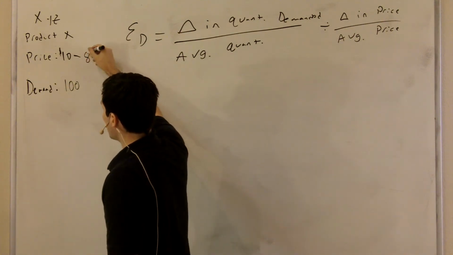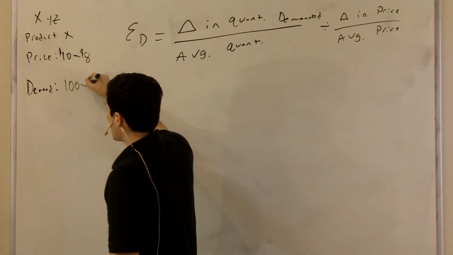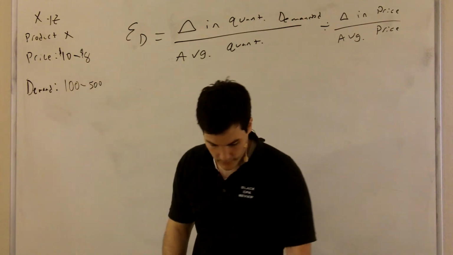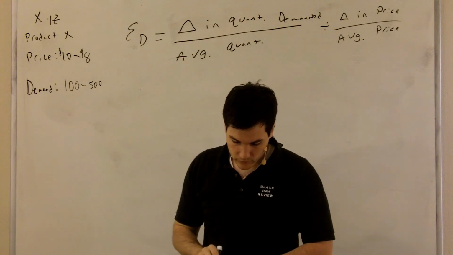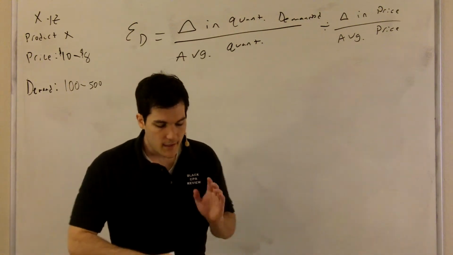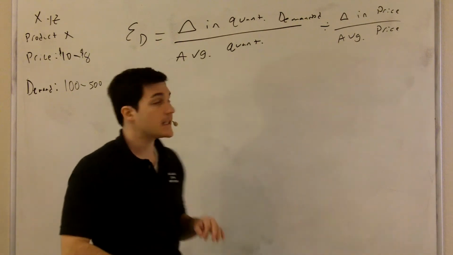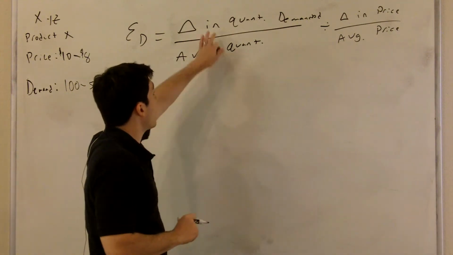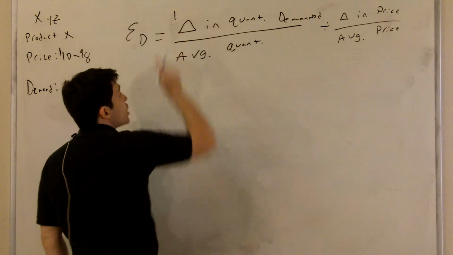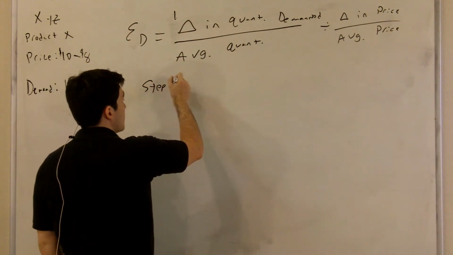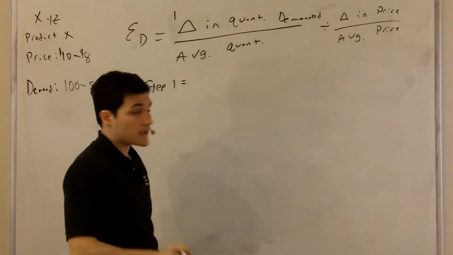They lower the price to $8, and demand goes up by 400 to 500 units per day. All right, so let's look at our formula. Step 1 is to calculate the change in quantity demanded. Okay, so we're figuring out part 1 here, change in quantity demanded. All right, so step 1, figure out the change in quantity demanded.